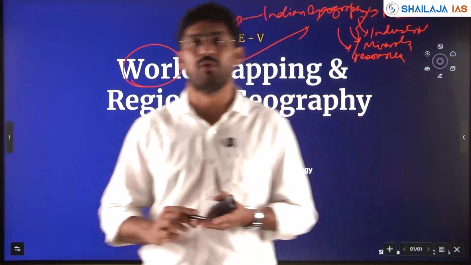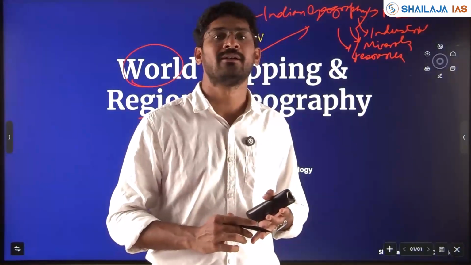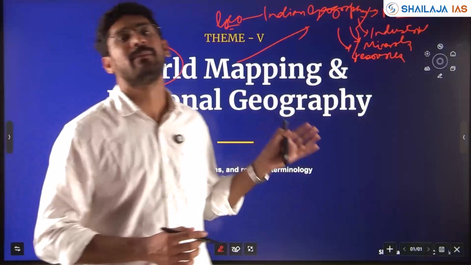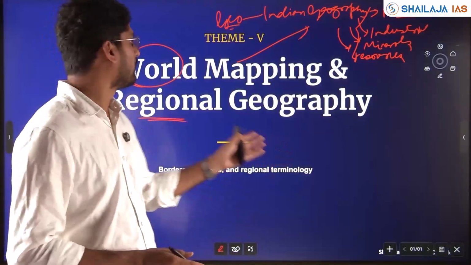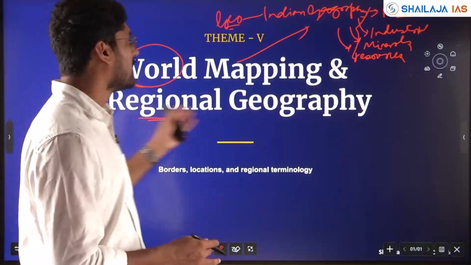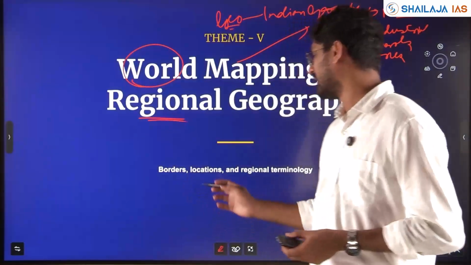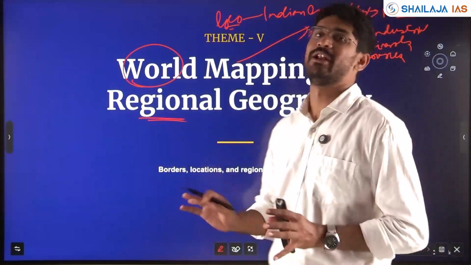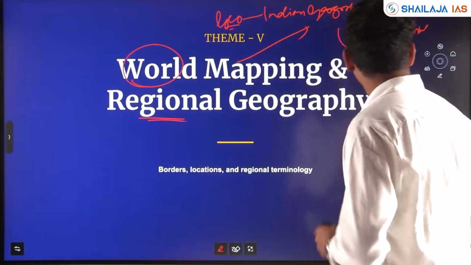It can be just world geography, resources, industrial location. All these are syllabus points of UPSC mains where 1-2 questions show up with respect to world mapping and regional geography around the world. So borders, locations, regional terminologies are asked time and again in UPSC.